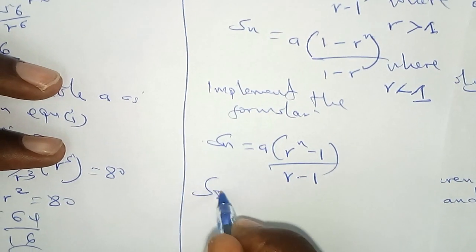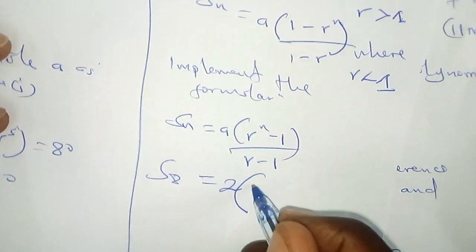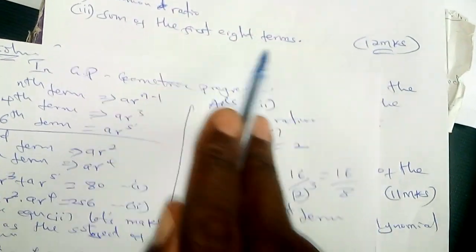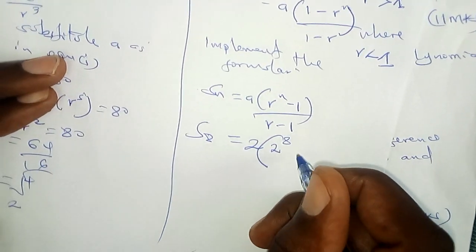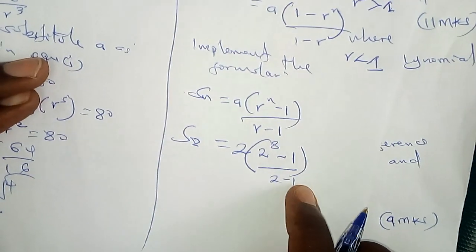The summation of 8 terms is equal to 2, A is 2, R is 2, raised to 8, because they said 8 terms, the number of terms, minus 1, all over 2 minus 1. 2 minus 1 is 1.